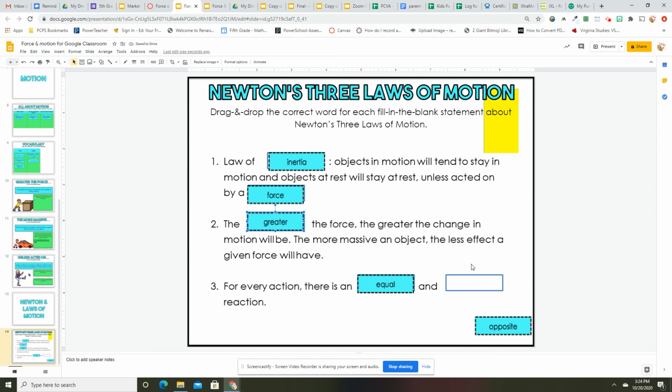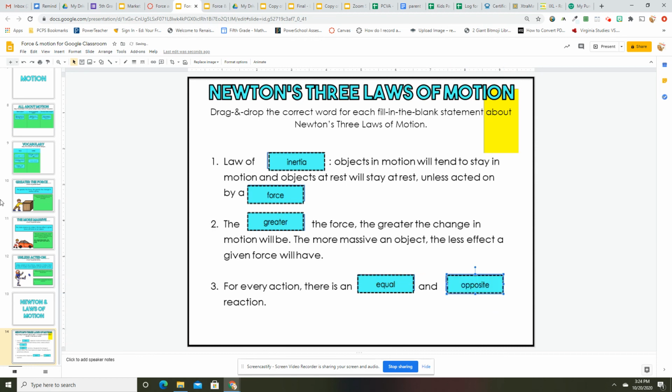The more massive an object, the less effect a given force will have. So if it's bigger, if you're rolling a bowling ball compared to rolling a tennis ball, you're going to need more force to roll the bowling ball compared to rolling the tennis ball. For every action, there is an equal and opposite reaction.